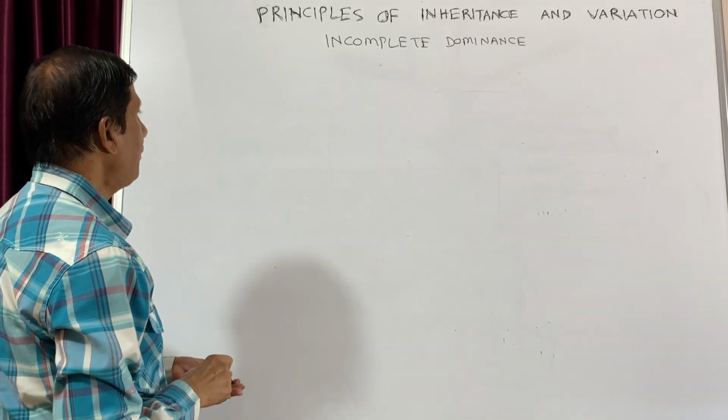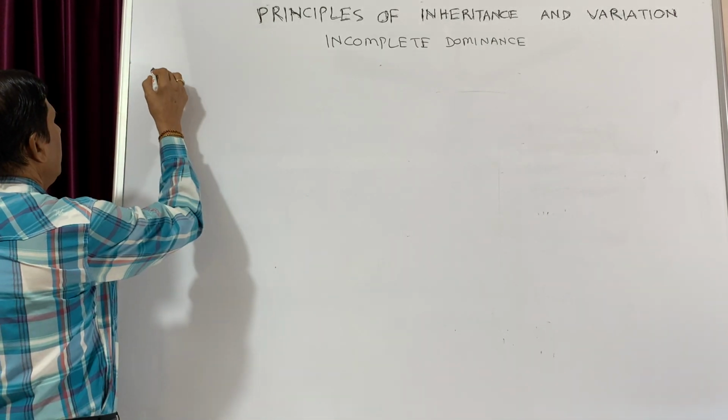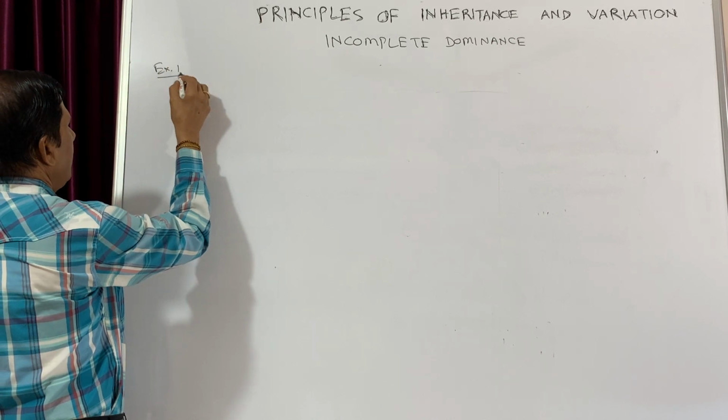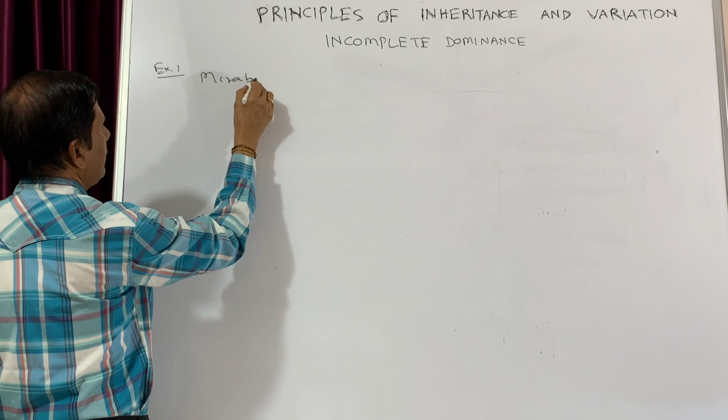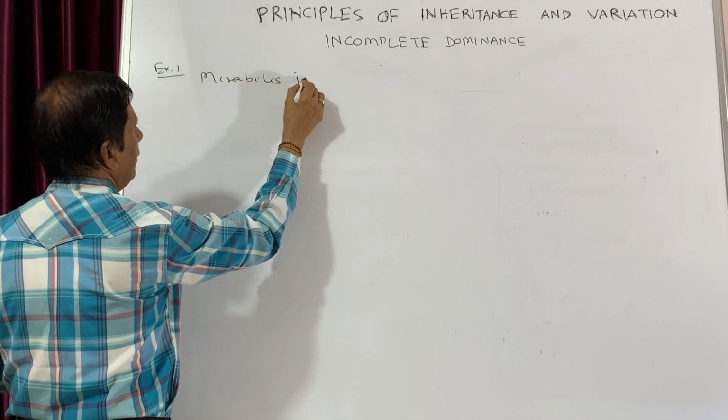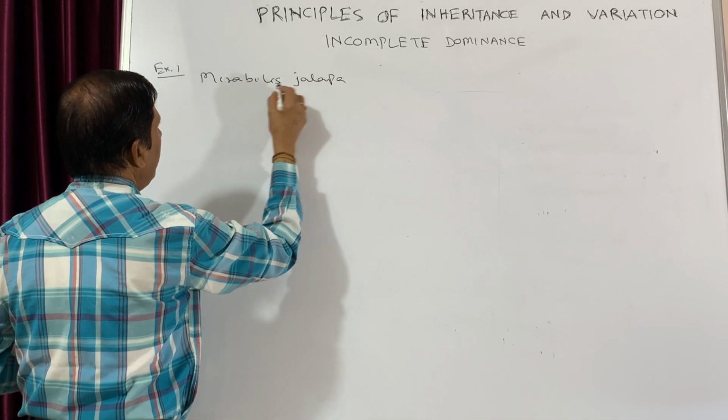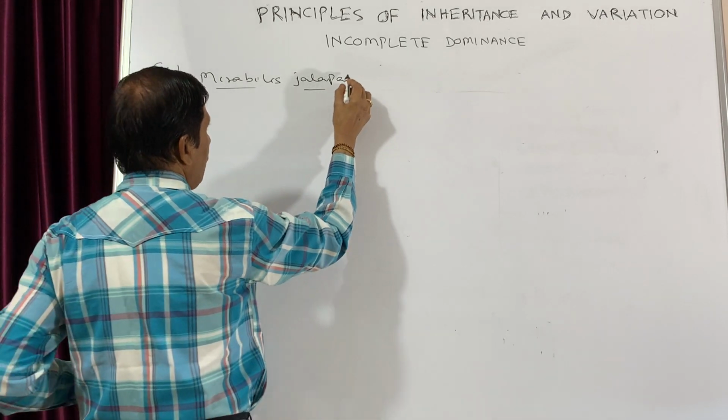So example number 1 is Mirabilis jalapa. This is also known as the 4 o'clock plant.